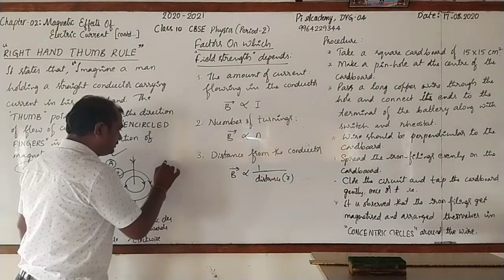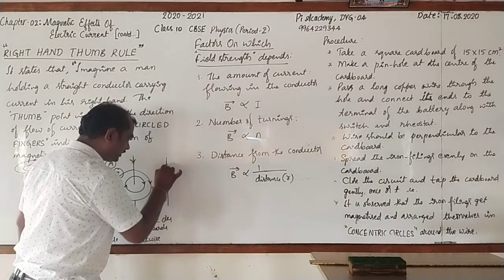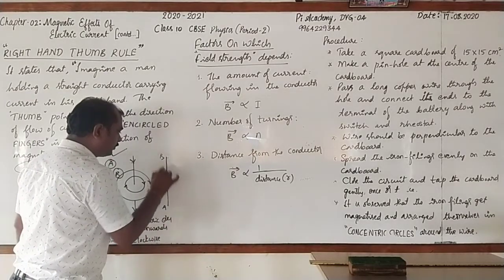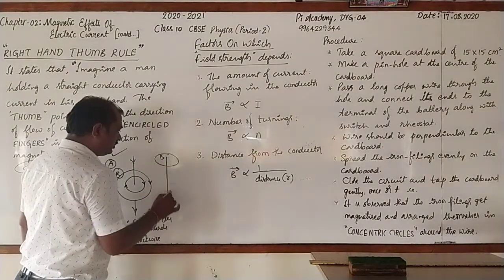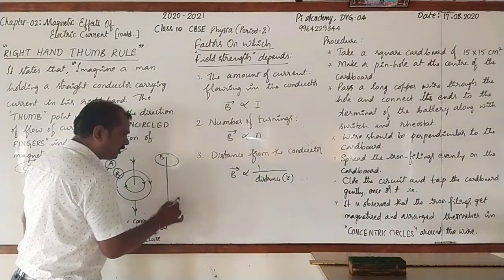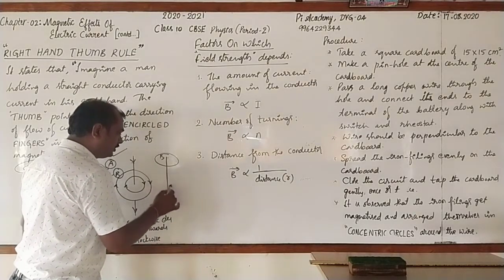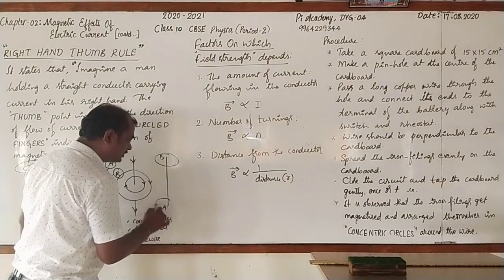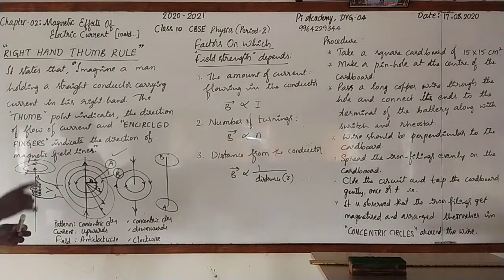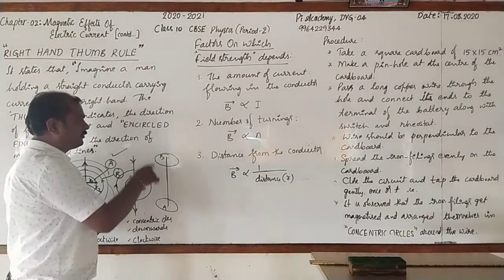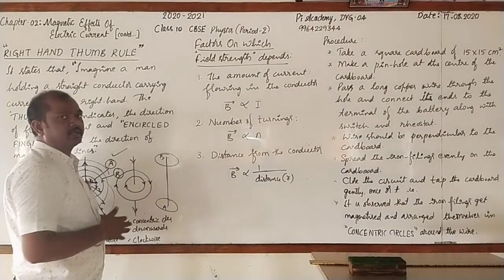Just one simple example. Assume that this is the conductor. Now current is flowing from A to B. Then here lines of force are formed around this conductor at all the points. Around all the points, here also, here also. Then what is the pattern of lines of force in this straight conductor carrying current?